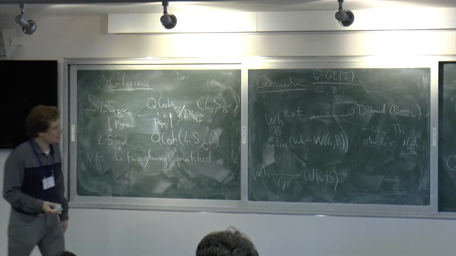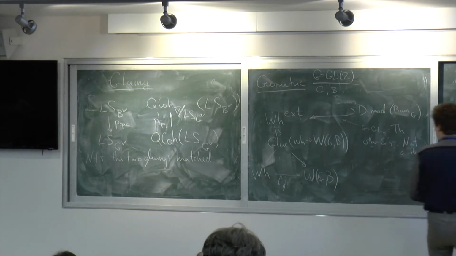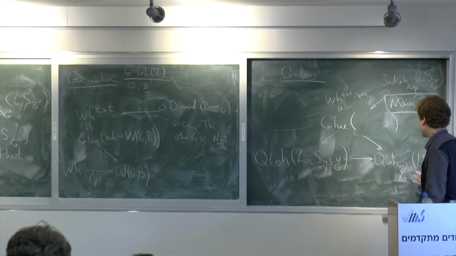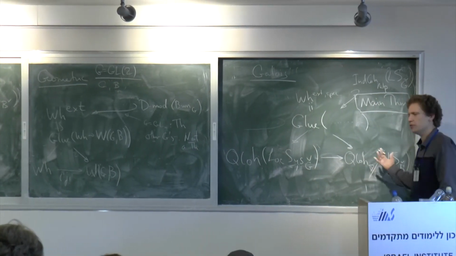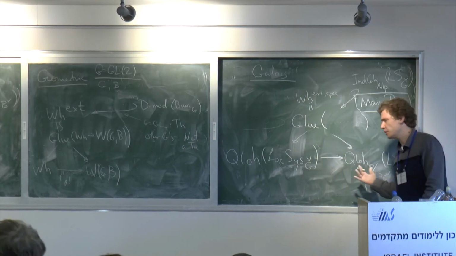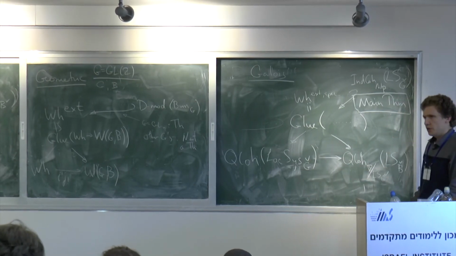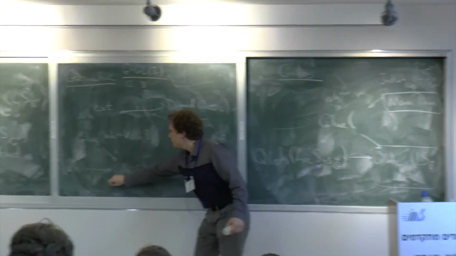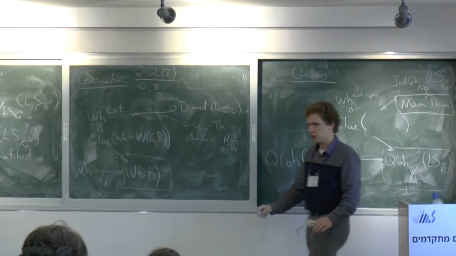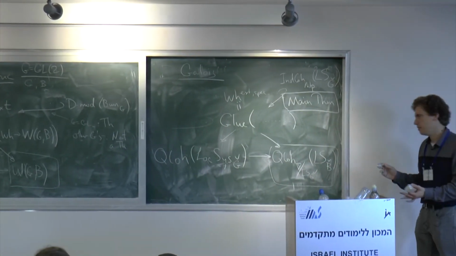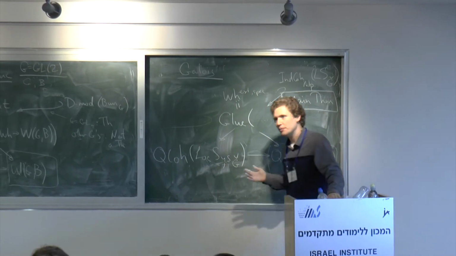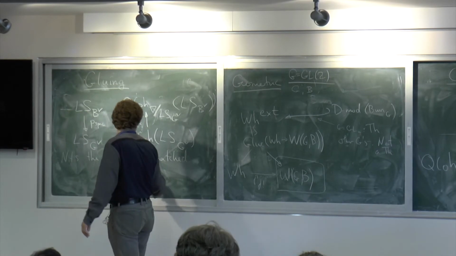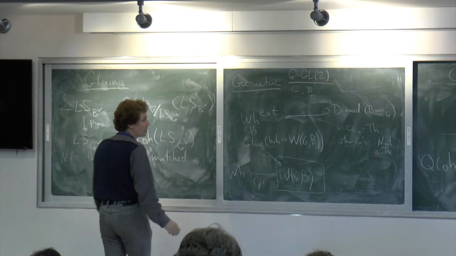The reason it's not completely done is because we need to match the corresponding categories, and this, as was explained in Sam's talk, seems plausible. There are ways to approach it, but it's not a theorem yet. Even for GL2, the match between this and this is not a theorem. It's an almost theorem.